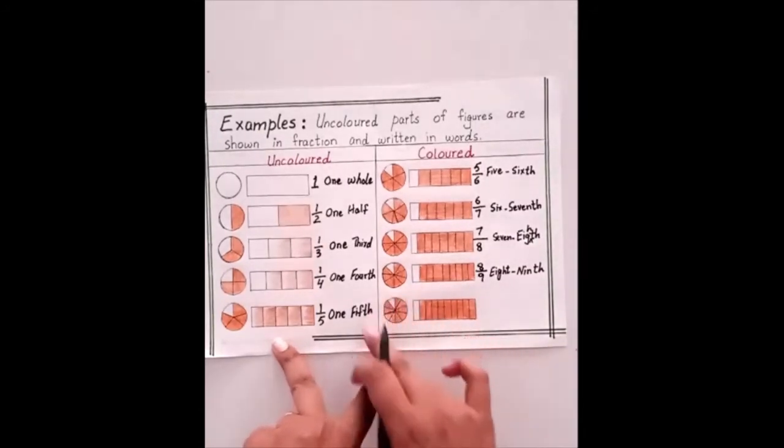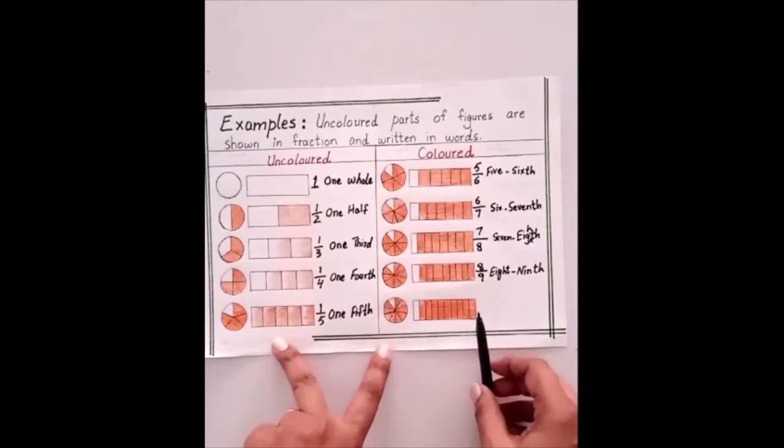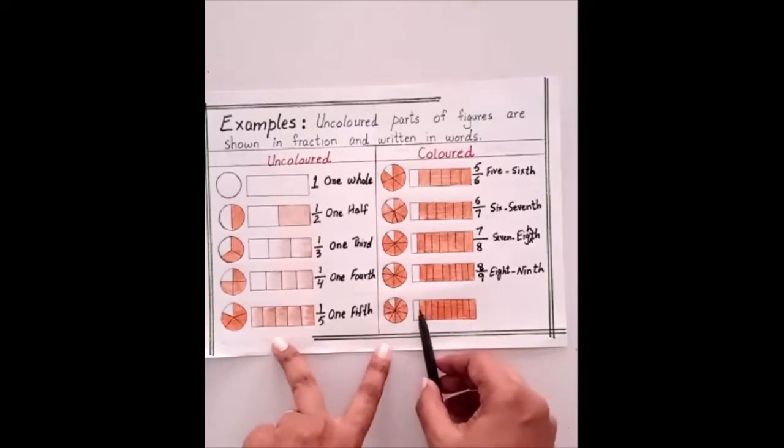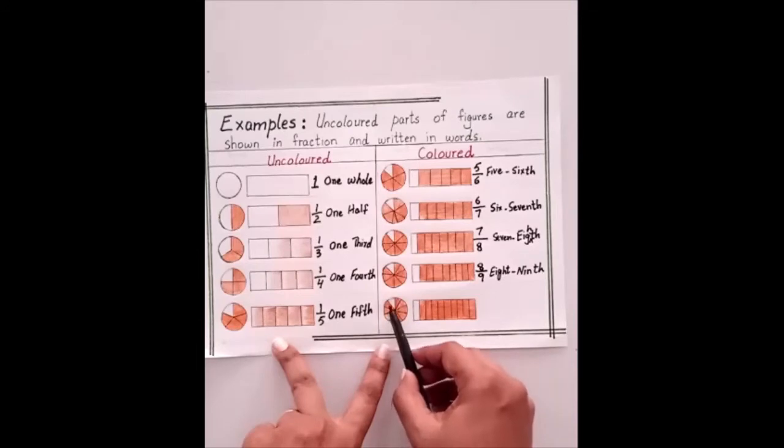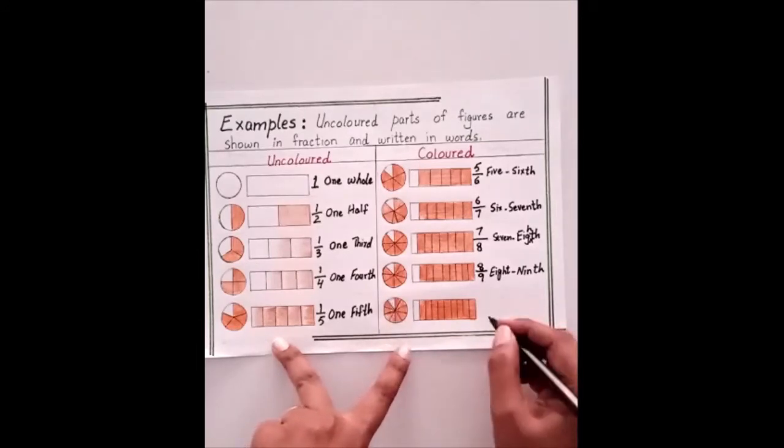Okay, the next picture. How many total portions? 1, 2, 3, 4, 5, 6, 7, 8, 9, 10. 10 total portions, which is called the denominator.